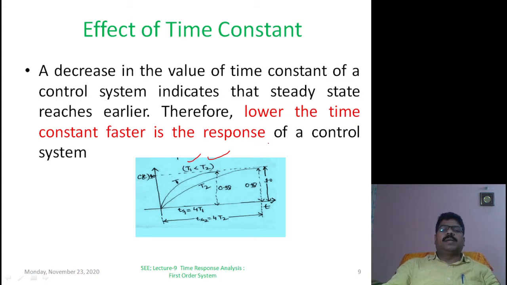If the value of the time constant is lower, it will reach the steady state condition earlier, otherwise if the time constant is higher, it will reach steady state later. So the settling time for a greater time constant will be higher, while the settling time for a lower time constant will be lower.